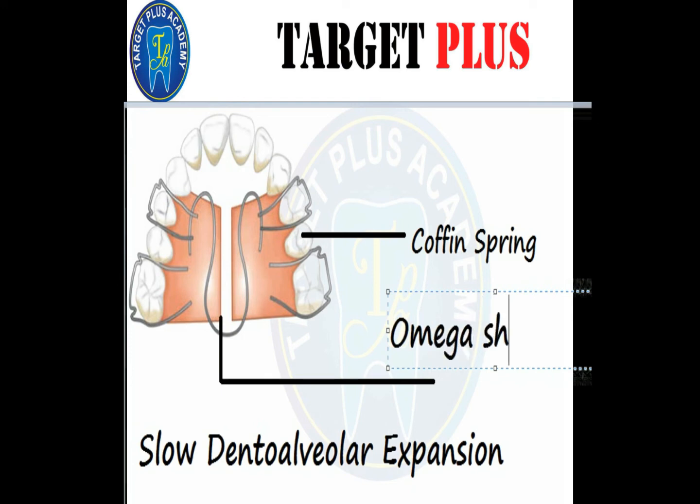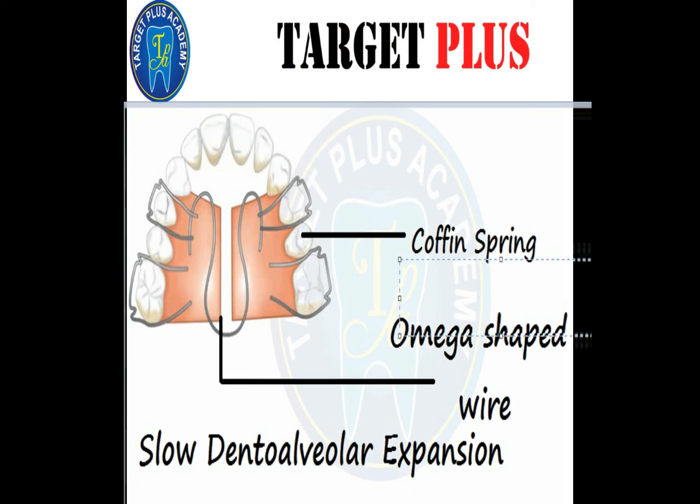So you can clearly see this omega shaped wire with the base of omega placed posteriorly in the midline, and two separate acrylic wings are made around the wire framework on the slope of the palate. So these contain the retentive clasp.